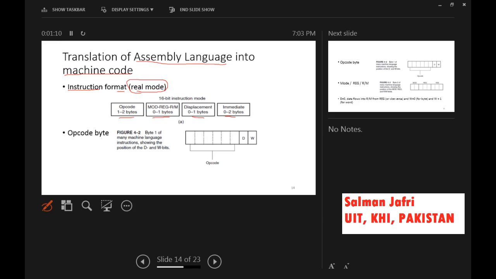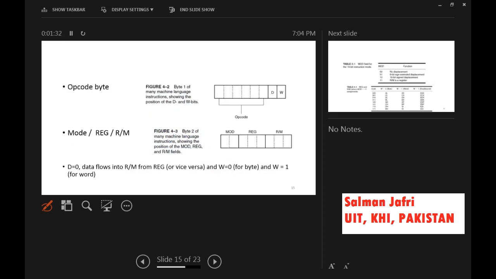The first byte of our instruction is the opcode byte. An opcode byte has this particular format: these 6 bits are the opcode, followed by the direction bit D, and followed by the width bit, W. Now the opcode byte basically depends on the type of the instruction.